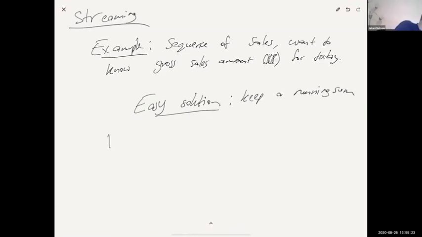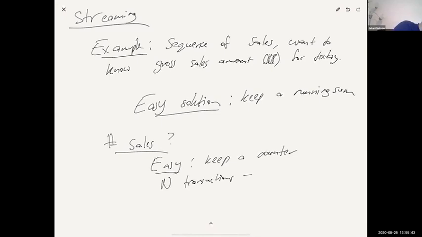And how about, let's say, the number of transactions, the number of sales, not the total amount, but just how many people bought stuff? Also easy. Keep a counter. And if there were a total of n transactions, my counter will have only log n bits.